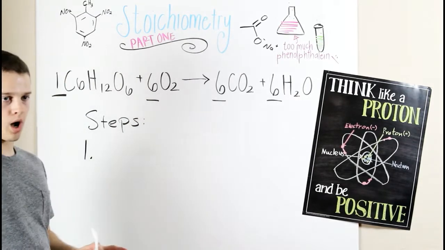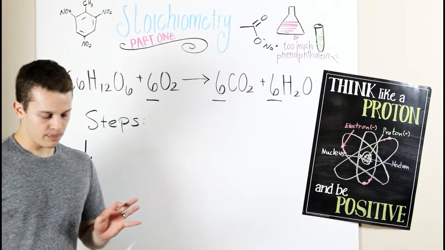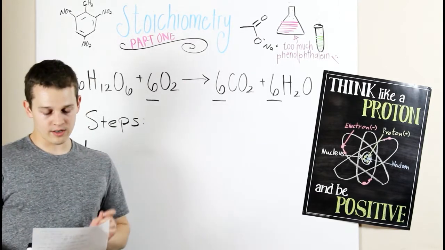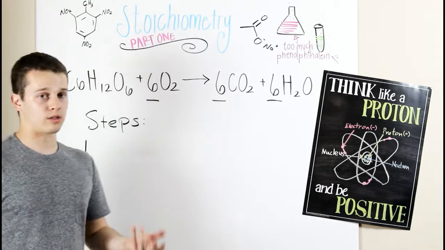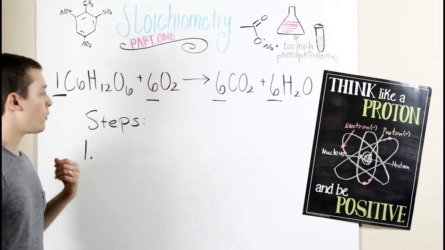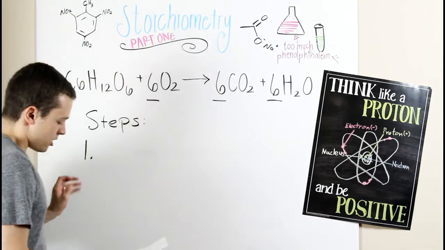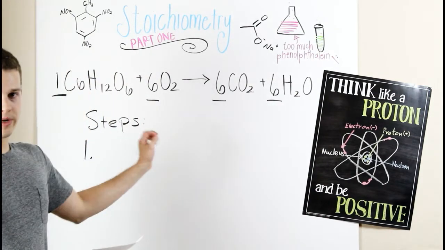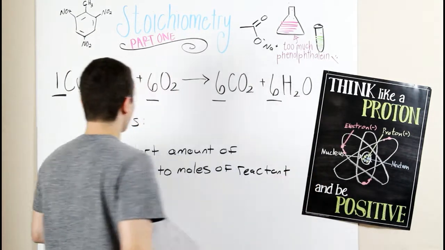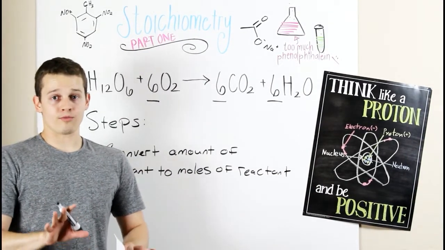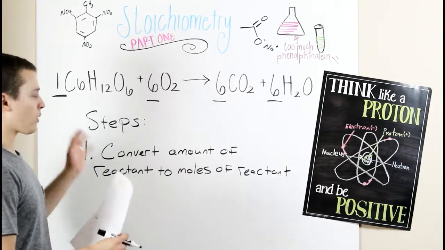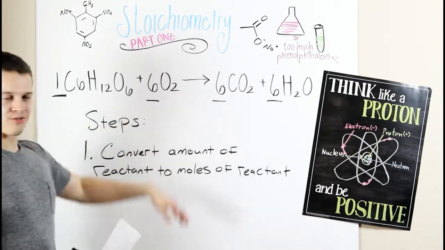Alright, step 1. We want to convert the given amount of whatever it is. So let's say we're given grams or moles of glucose. We want to convert this amount to moles of the reactant. You may be given moles, and sometimes you may be given liters, a volume of some kind, if we're working with gases, but that's for later.